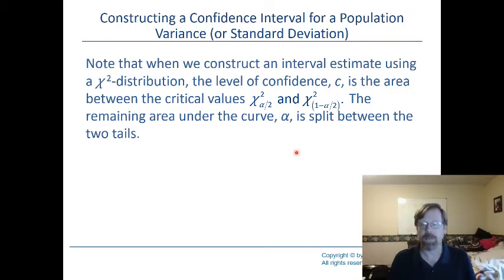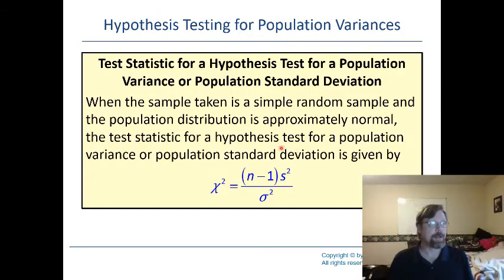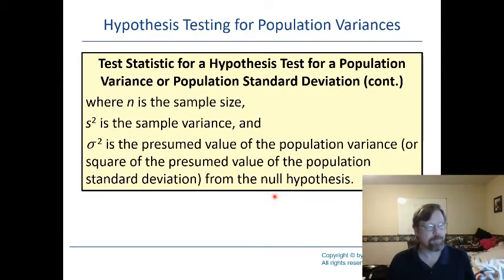So for hypothesis testing for variances or standard deviations, we're going to be using chi-squared as our test statistic. Chi-squared is this formula right here. We've got sample size minus 1, sample variance over presumed population variance. As it states here, the presumed value is what we take from the null hypothesis.